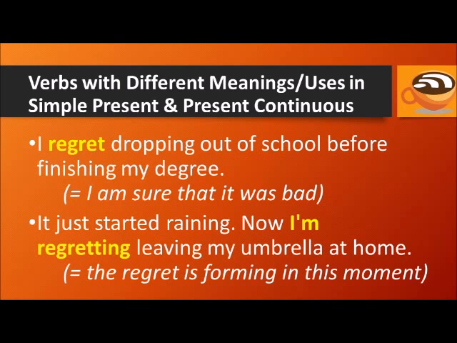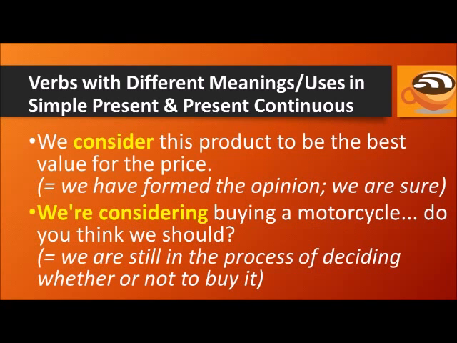If you say, I regret dropping out of school before finishing my degree, that means I am sure that dropping out of school was bad. But if you say, it just started raining, now I'm regretting leaving my umbrella at home, that means the regret is forming in this moment. If you say, we consider this product to be the best value for the price, that means we have formed the opinion and we are sure.